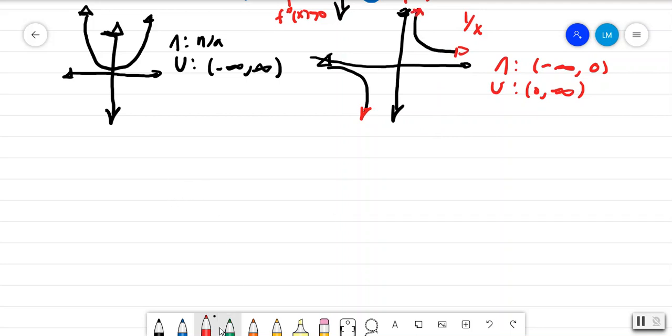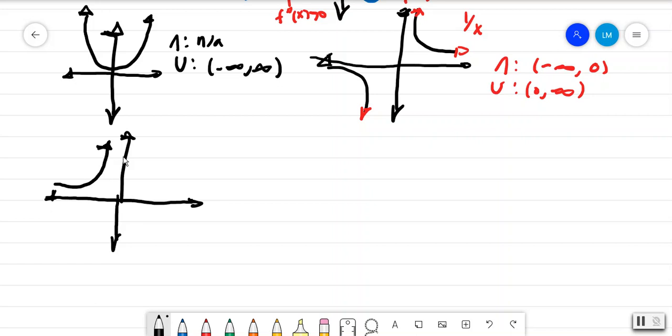Now, similarly, you can look at 1 over x squared as well. 1 over x squared looks something like this. This is concave up from minus infinity to 0, and then from 0 to infinity.